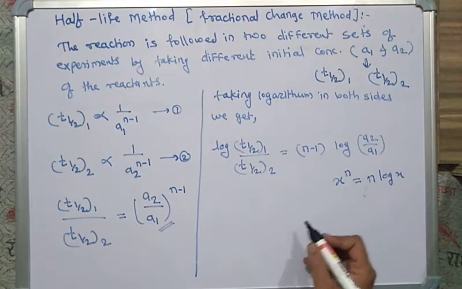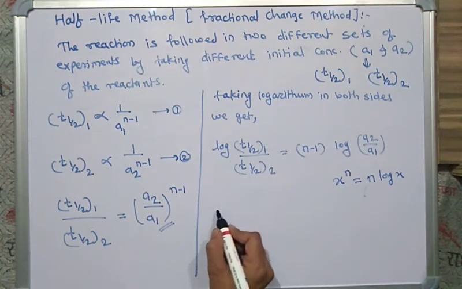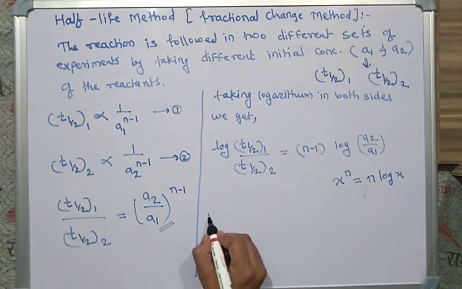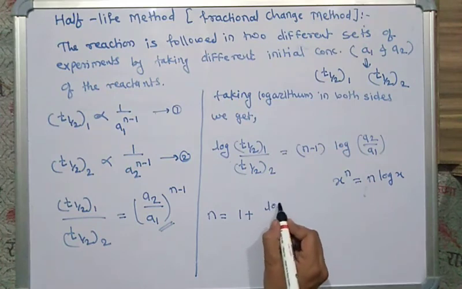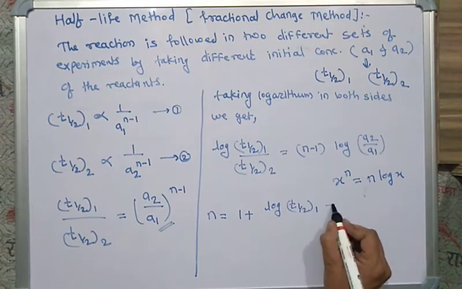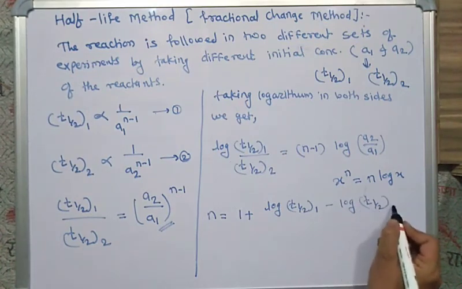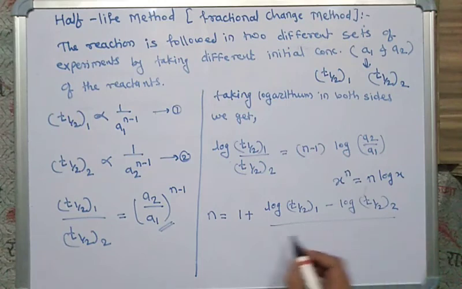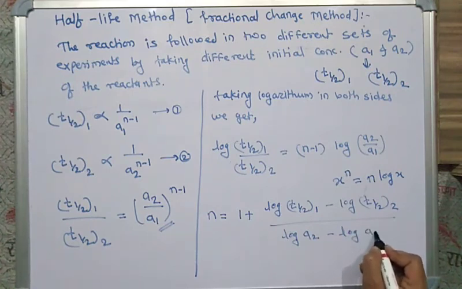Next, we finally get the order of the chemical reaction, that is n is equal to 1 plus log of T half of 1 minus log of T half of 2 divided by log of A2 minus log of A1.